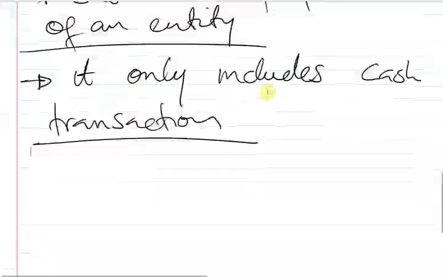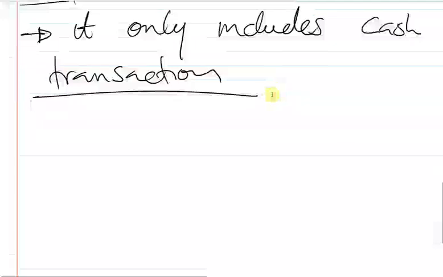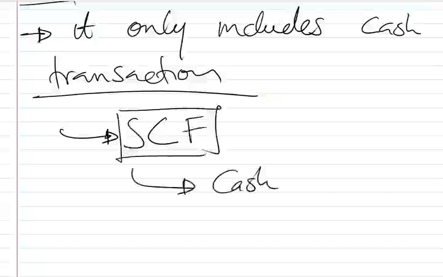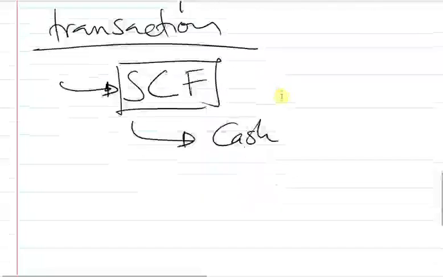For example, if I buy a car and I pay for it, it will go into the statement of cash flows as an outflow because there has been a cash-related movement when I buy a car. But if I went to the profit or loss, I will not include the expense in that year.